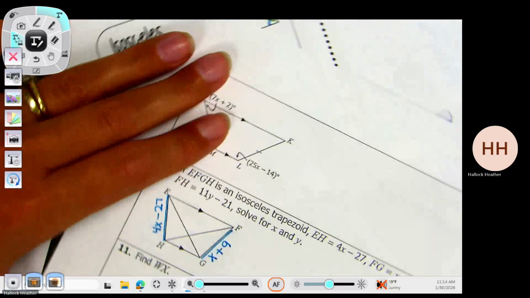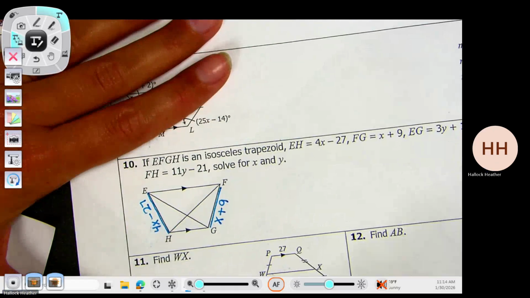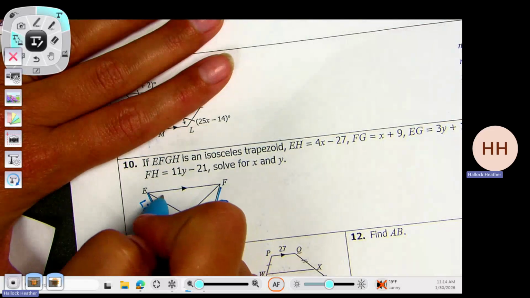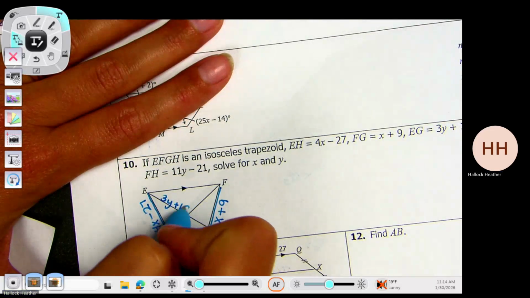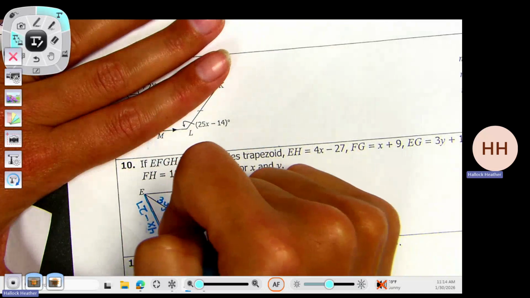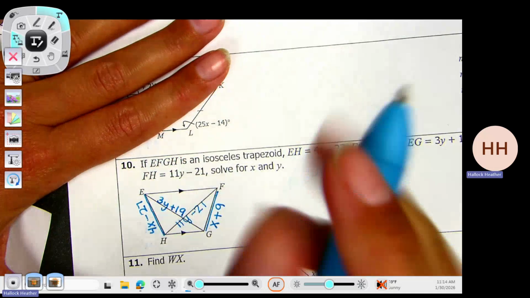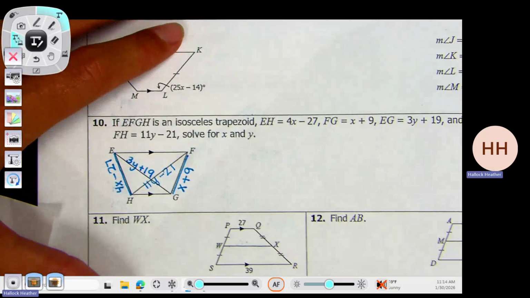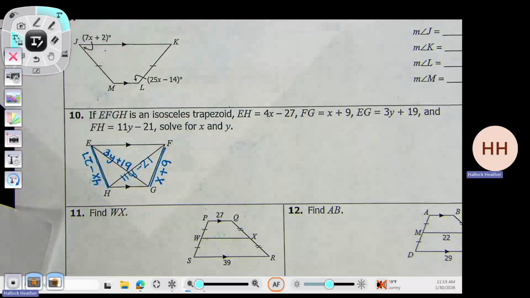EG is 3y plus 19. FH is 11y. That's not cute, but we have to solve for x and y.